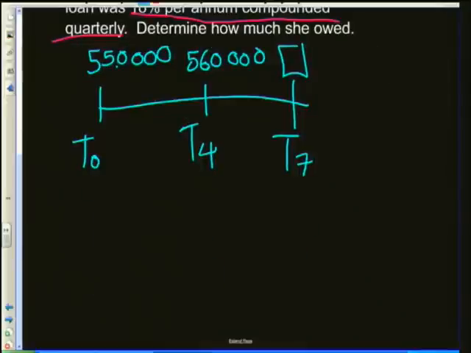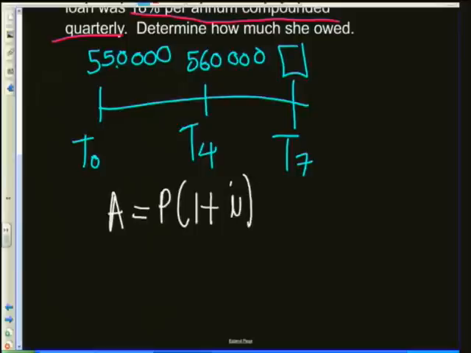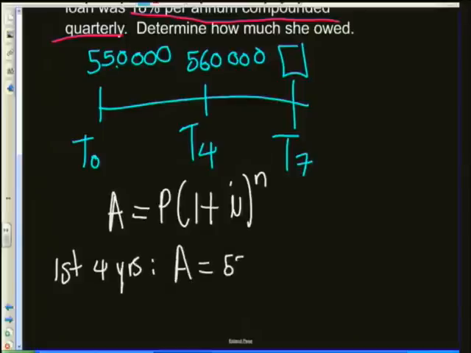Okay, so we know the formula for compound interest: A equals P times (1 plus i) to the power of n. For the first 4 years, A is going to be what she puts in, so it's 550,000 times (1 plus 0.18).